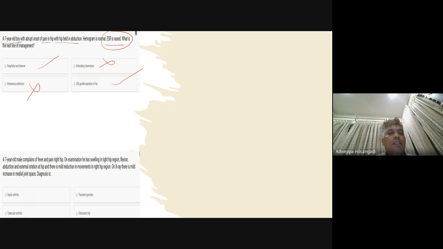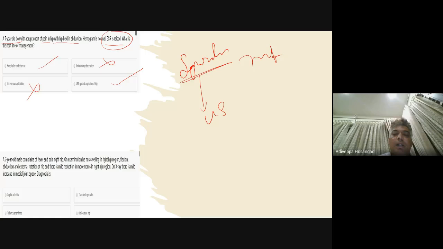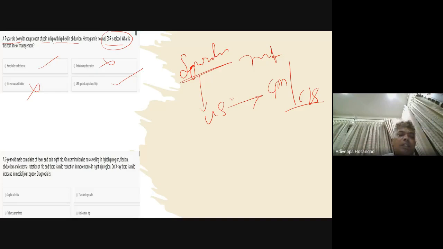USG guided hip aspiration is very, very important because whatever synovitis you are suspecting can be infective. So you have to admit, aspirate, and send it for gram stain and culture and sensitivity. If you rule out infection, it will become a transient synovitis.